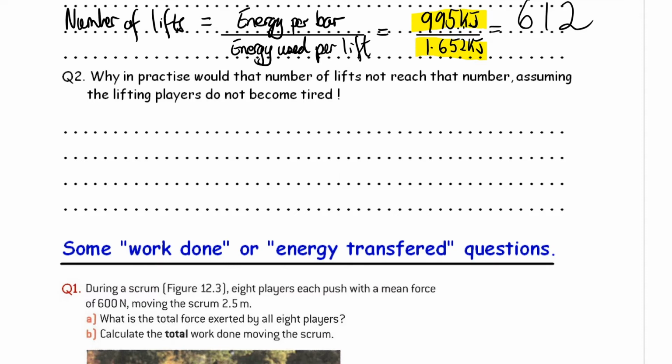Not all the chemical energy in the chocolate will be converted into kinetic energy in the muscles. A lot will get wasted as heat. A little more on that later. But I'll allow you now to just pause the video and write that down in your own words. Rewind the video if needed.